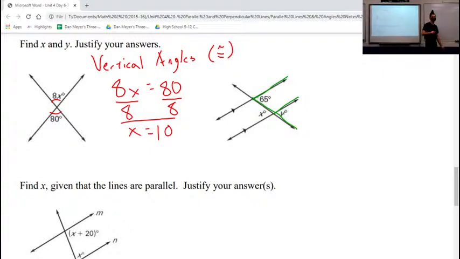Each time you set up an equation or get a measurement, you should be pairing it up with the type of angles they are. I'll give you a minute or two to work with this problem and get your answer.